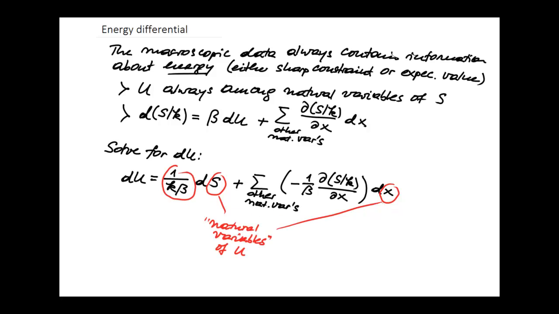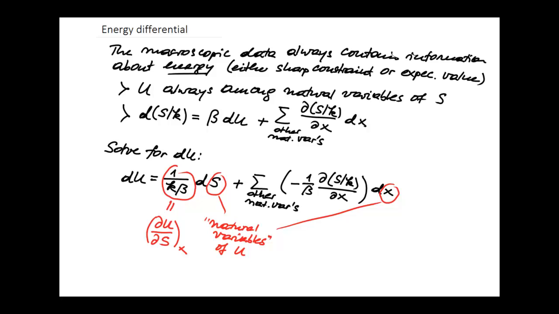Furthermore, by the same logic as before, the coefficient in front of the dS must be equal to the partial derivative of U with respect to entropy, while keeping all the other natural variables, the x's, fixed.